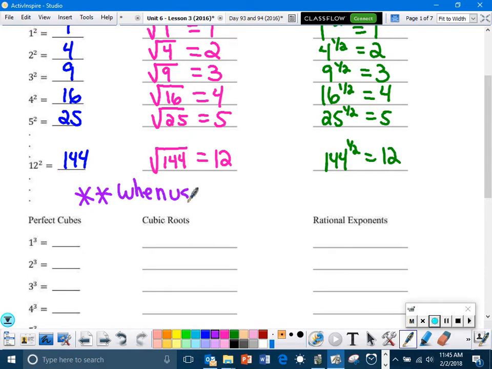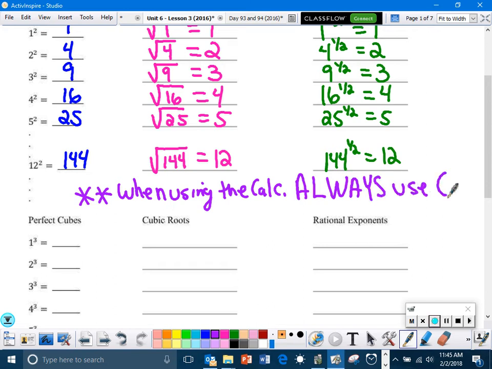When using the calculator, always use parentheses on fractions. Always. Okay, so let me show you with the calculator.